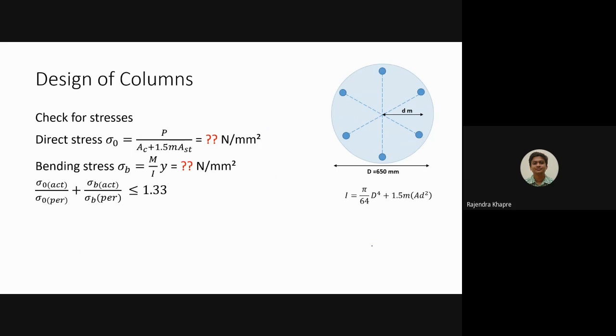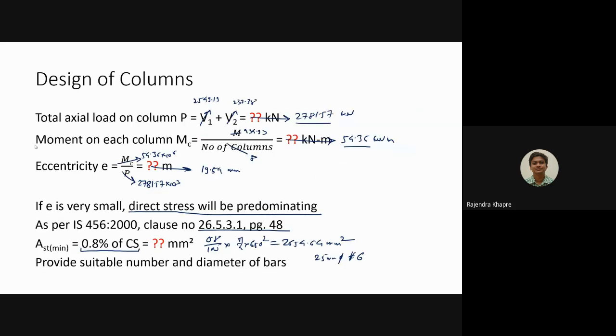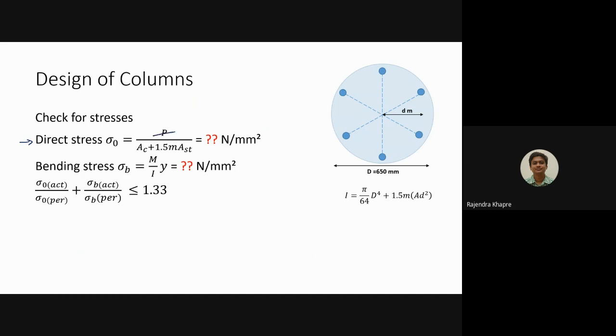So the direct stress can be simply calculated as the total vertical load divided by the equivalent cross section area. Okay, so the vertical load we have already calculated as 2781.57. Then the area of the concrete is basically pi by 4 into 650 square.